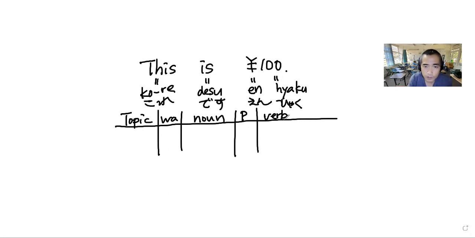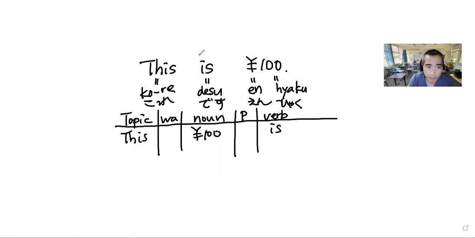If you follow this word order, I can write this way: This 100 yen is. In English it sounds a bit weird, but that's the Japanese word order. The verb needs to be at the end of the sentence. Let's work on it little by little.